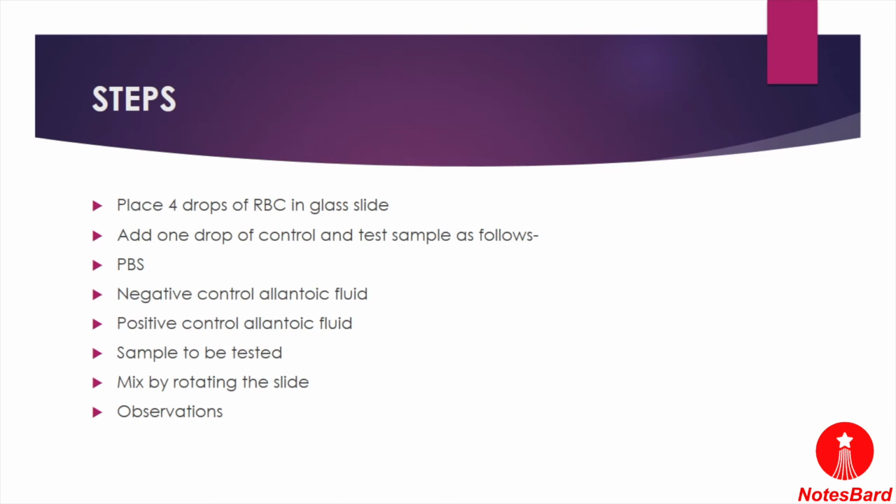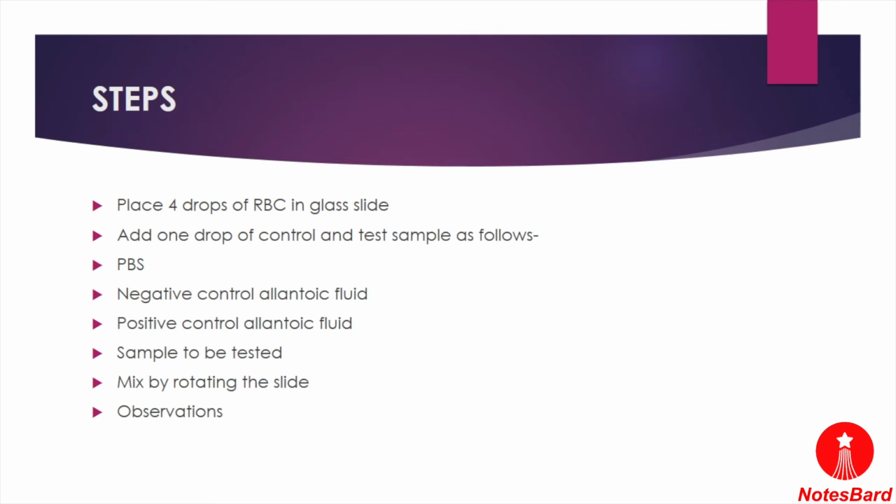and after that, to each drop of the RBC, 1 drop of the control and test samples is added as follows. So the first step includes 1 drop of PBS, which is phosphate buffered saline, and after that the second drop is the negative control allantoic fluid, which has no hemagglutinin, and the third drop is a positive control allantoic fluid, which contains hemagglutinin.